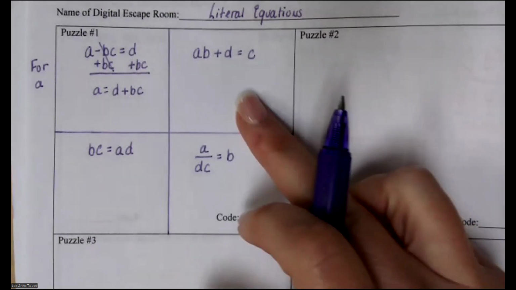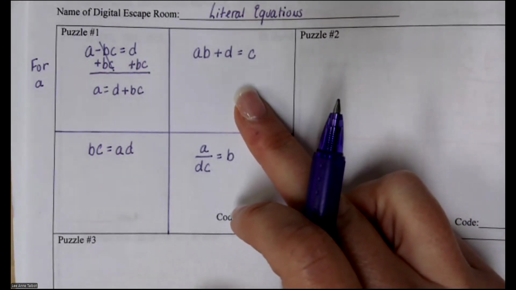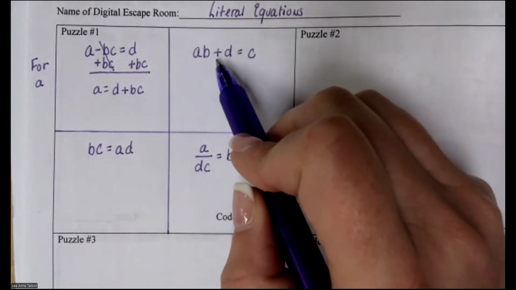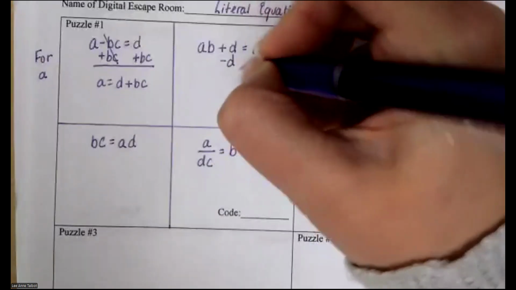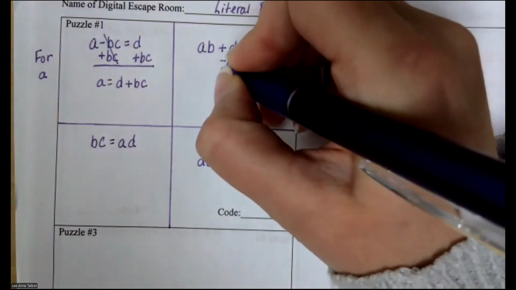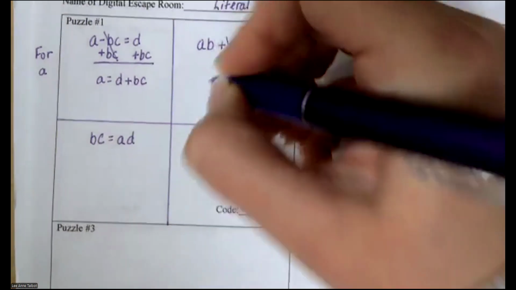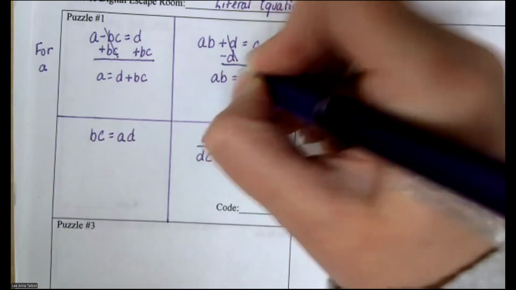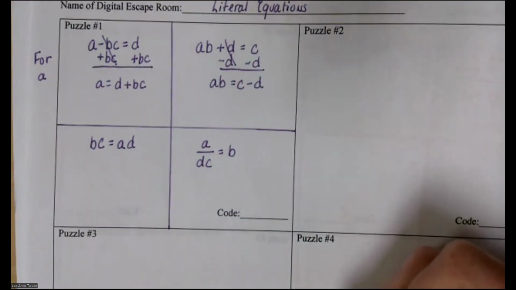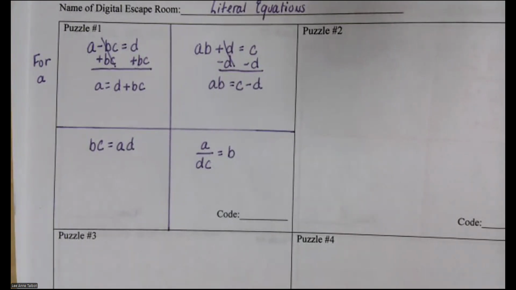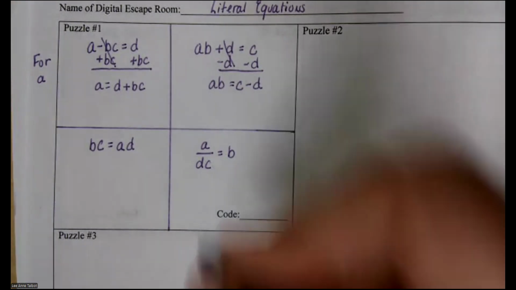Okay, now the second puzzle has two steps. First, you look, we want A. So first we subtract D. Division. Yep, beautiful.